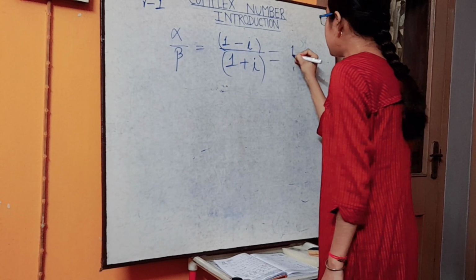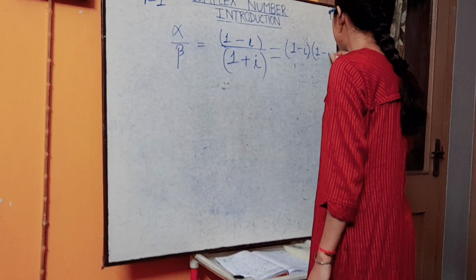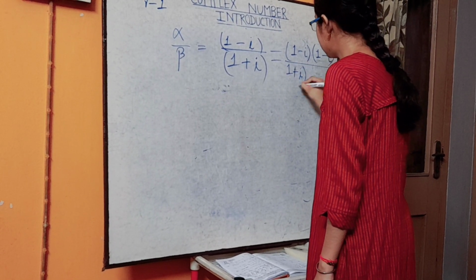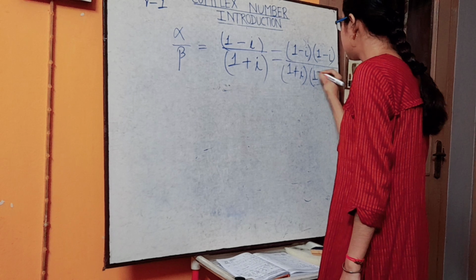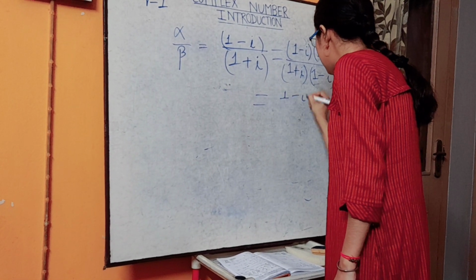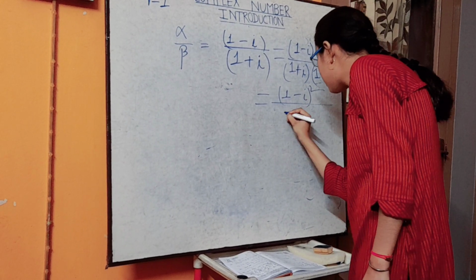By the same process, minus iota square, a square minus b square formula.